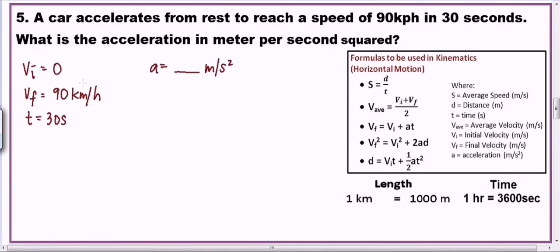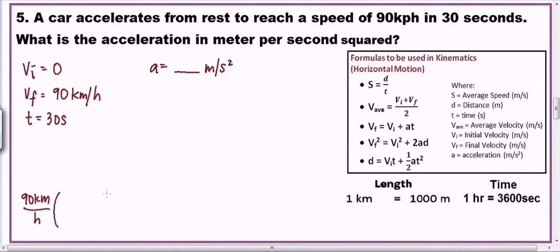Okay, so check natin. Kilometer to, hindi pwede kasi ang gusto niyang sagot, meter per second. R to, hindi rin pwede kasi second yan. Ito pwede na, second. So, pwede na yan. Seconds na siya. So, itong 90 kilometers per hour na to, ita-transform natin sa meter per second.